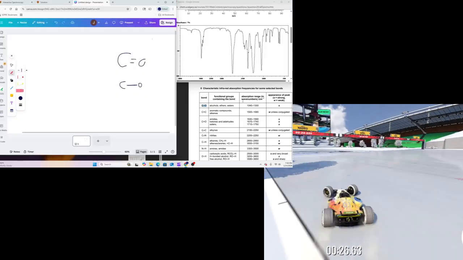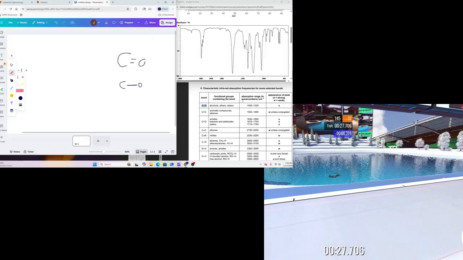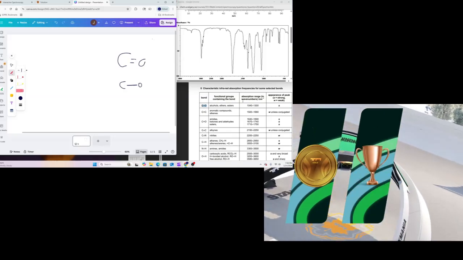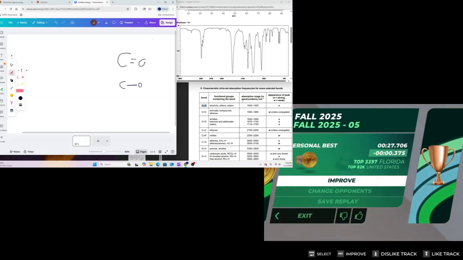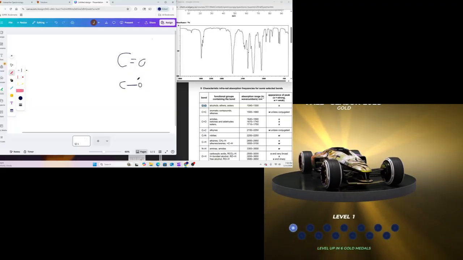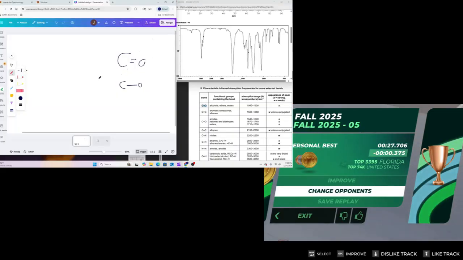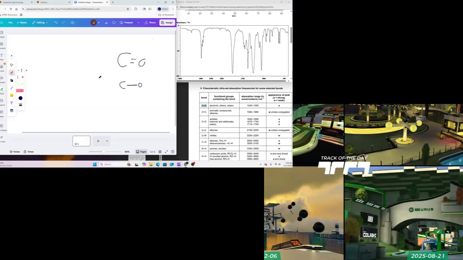Okay, so we have our main functional groups in here, and we should be able to say, shoot, this molecule has a CO bond and it has a CO double bond. That's either going to be a carboxylic acid or it's going to be an ester. And in this particular case, since we have no OH group, we know it's an ester.